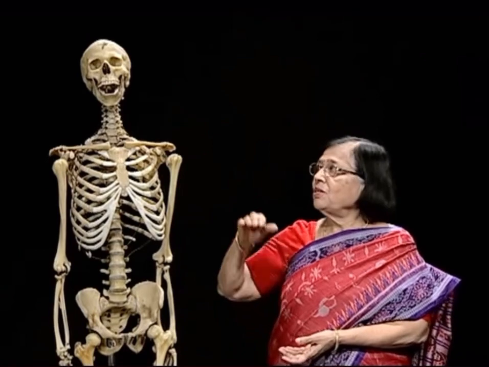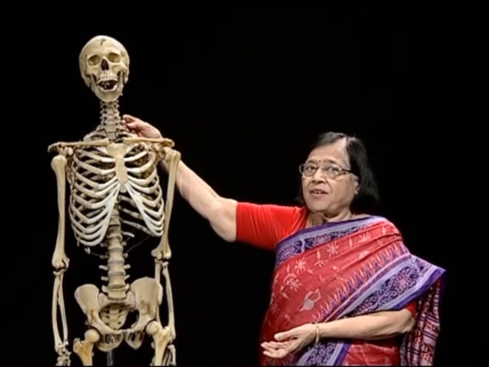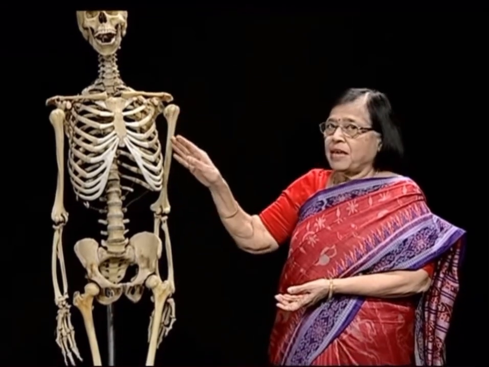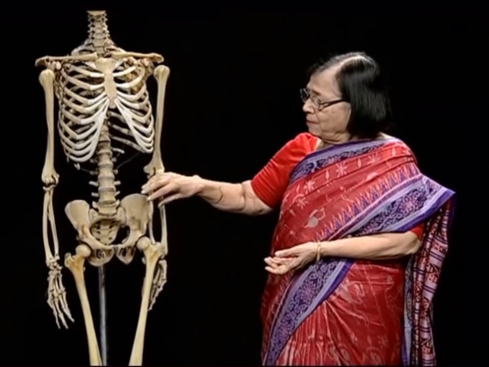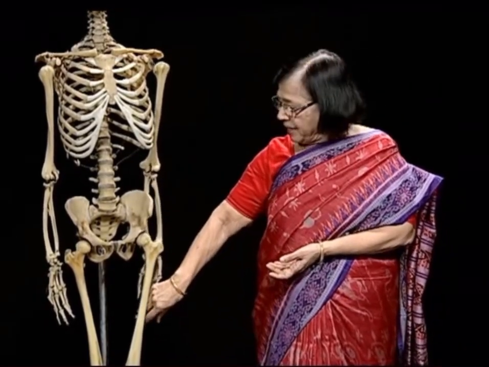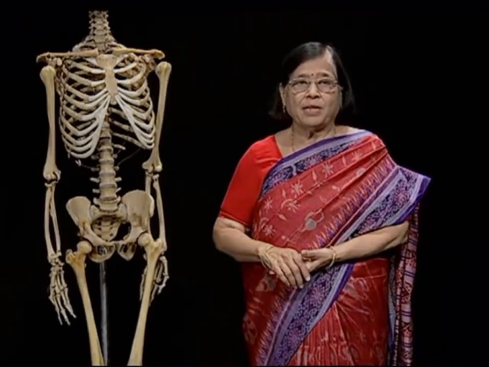With this, we have understood the skull, the neck area, the vertebral column, the rib cage, the pectoral girdle, the forelimb, pelvic girdle and the hind limb, and the importance of all these bones in our body. So, children, you have seen a true skeleton. I am sure you have enjoyed seeing the bones in reality, the hand bones, the humerus, the leg bone, femur, and also tarsals, metatarsals, carpals, metacarpals, and it was so interesting to see the vertebrae and the canal through which the spinal cord goes.